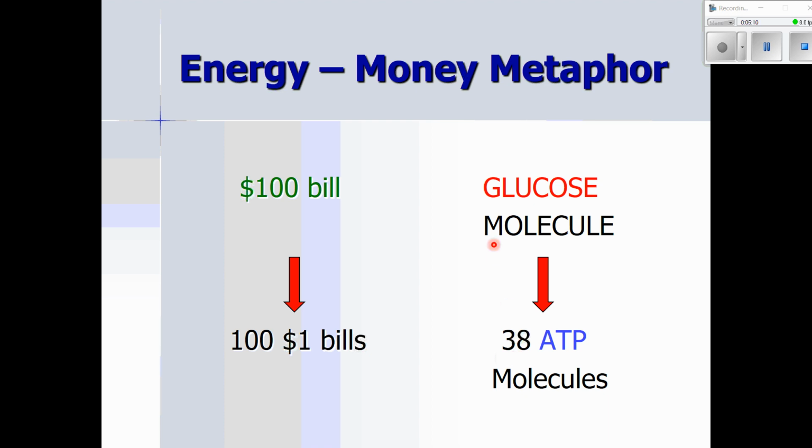But the idea of cellular respiration, there's a process that happens inside your mitochondria called aerobic cellular respiration, and it uses oxygen to efficiently break down glucose in order to get these small usable units of energy that we call ATP.